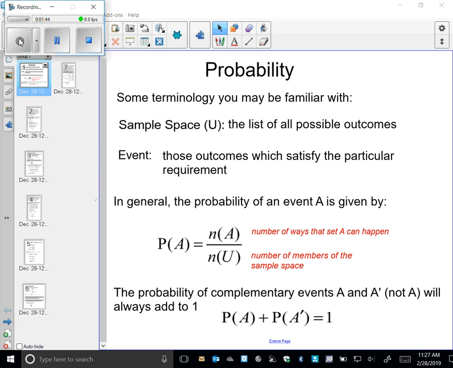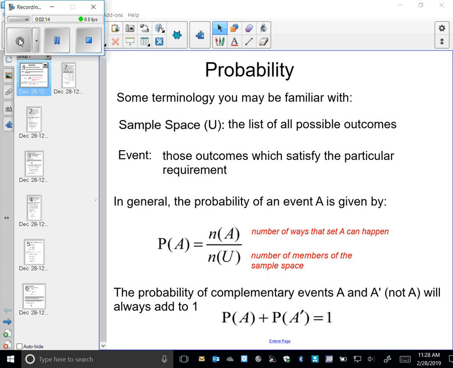Probability of an event and its complement. So remember that complement, so if we have event A, its complement is A dash. Yeah? And the probability of those two events added together always equals 1. Okay, so the total probability of something happening or it not happening is always equal to 1. If you ever get a probability question asking you for the probability of an event, you can never have an answer of more than 1.